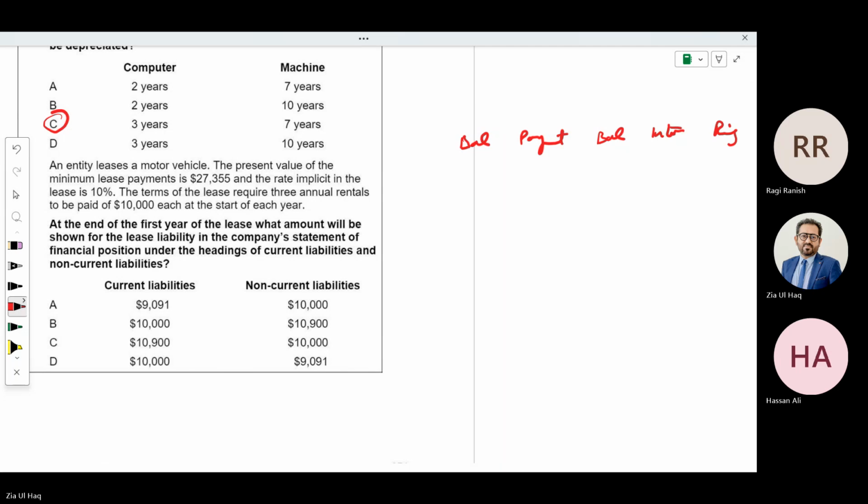At start, the balance was 27,355. You made a payment of 10,000. The balance is 17,355. Calculate interest at 10%: 1,735.5. And the remaining, add both these, 17,355 plus 1,735.